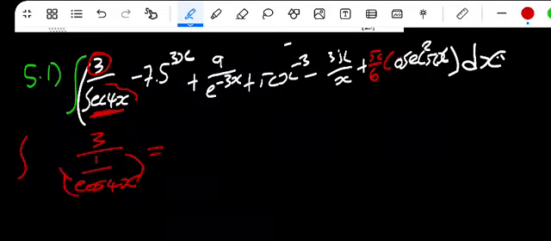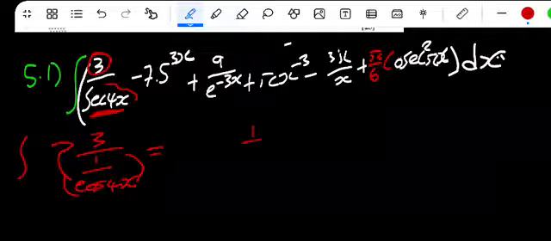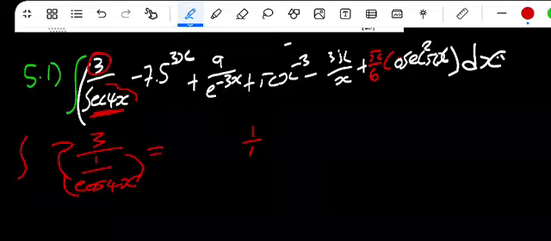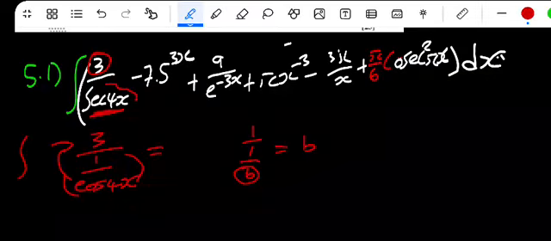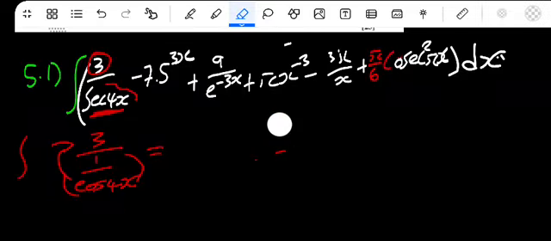Remember, you will use this law: if you have a function like a over 1 over b, this will simply equal b. You take what is in the bottom and it becomes the top part.